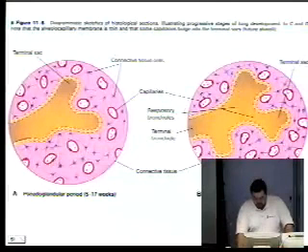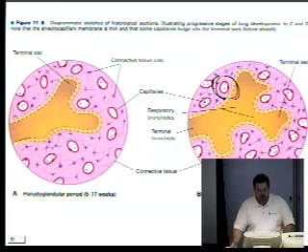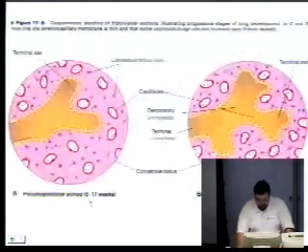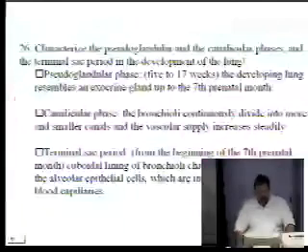And so right here in this figure, you have more capillaries, and at some point they're going to start becoming a little bit more intimately associated with developing bronchial structures. And again, this one says 17 weeks, and this one says 16, so there's a little bit of an overlap between the two stages.